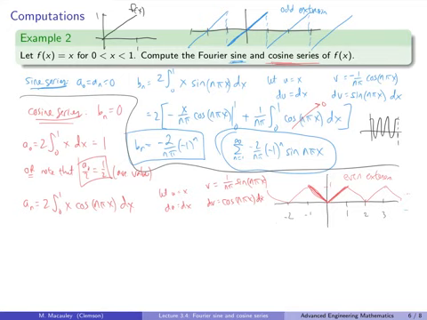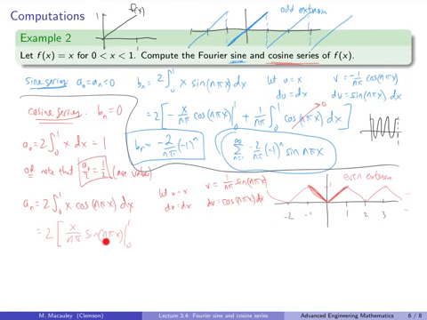Okay, so integration by parts, this is 2 times u times v, so that's x times this sine, so that's x over n pi times sine of n pi x from 0 to 1. So up here, in the sine series, this did not go away because we had a cosine, but this went away because when we integrated it, we got a sine. Now here we have sine of n pi x.